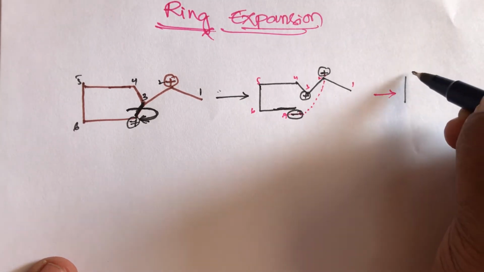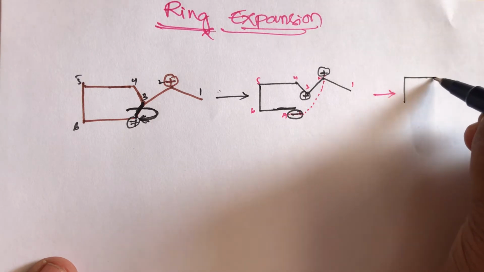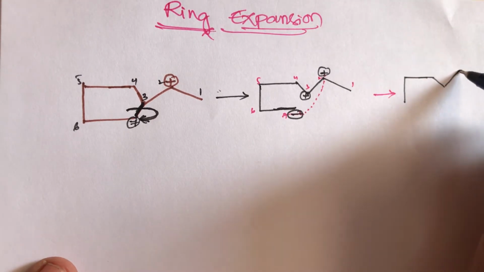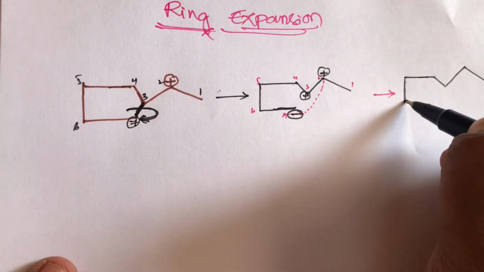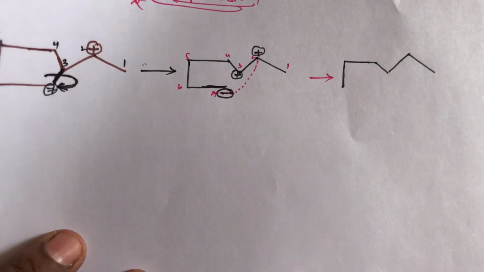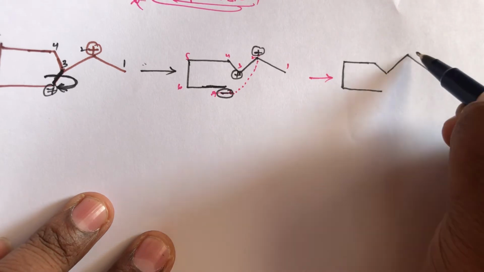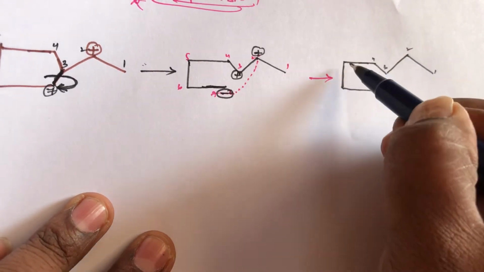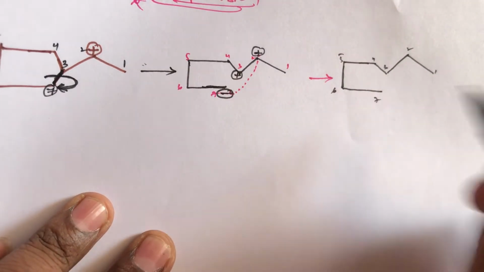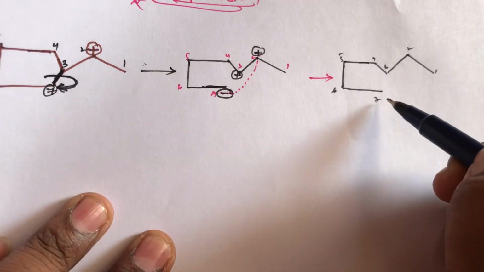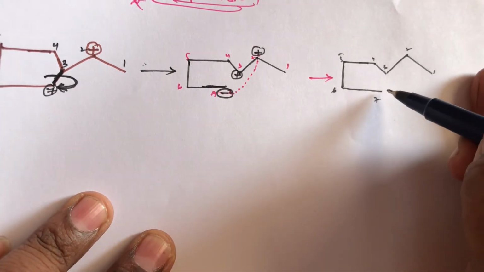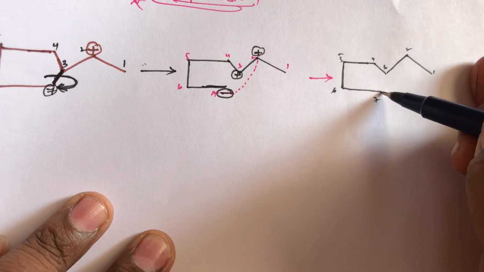Like this. What is the structure now? This is 1, 2, 3, 4, 5, 6 and 7th, and the seventh carbon is connected with the second carbon, like this.